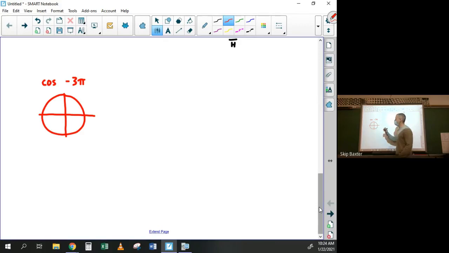This is going to be 1.5 rotations backwards, but I'm going to go clockwise since it's a negative angle. So -2 pi, and then another pi more would be there. This point I know has coordinates -1, 0, and it goes cosine, sine. So the answer is -1. This is totally review, right?